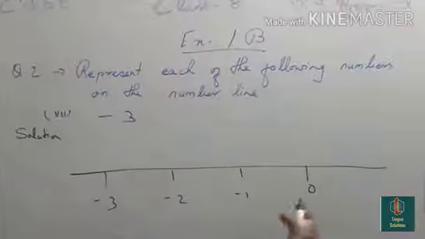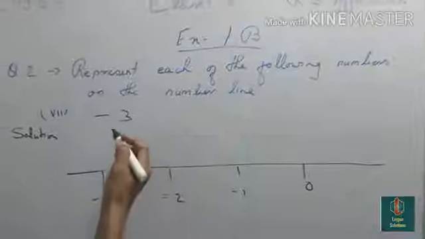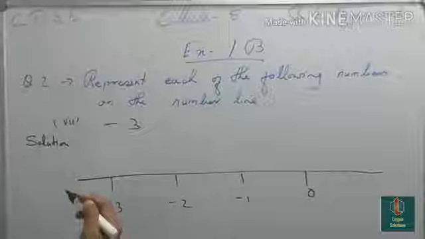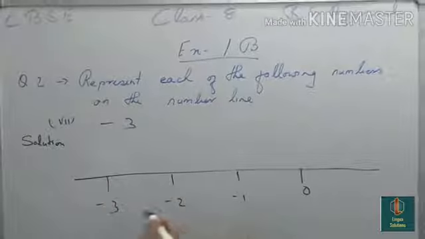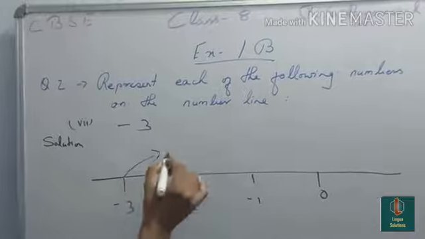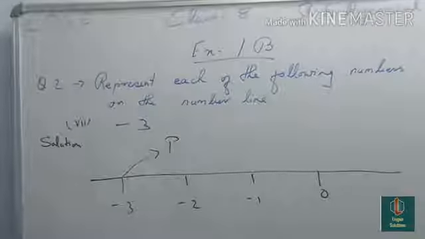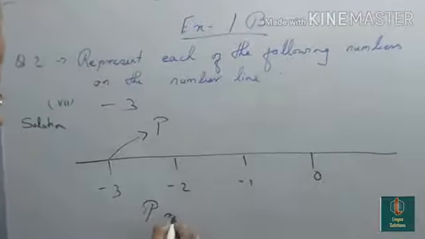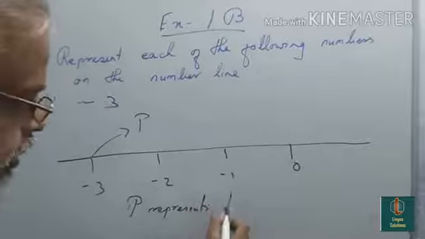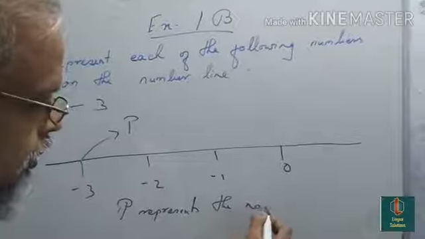So here is a number line, negative number, so we will show it left side, -1, -2 and -3. Mark it as P. So P represents the number.